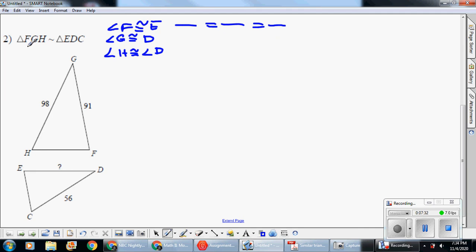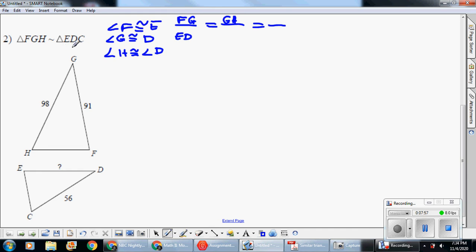Now same thing, look at the first 2 letters, FG, so you're saying side FG. Now what are the first 2 letters over here? That would be ED. Now the next 2 letters are GH.